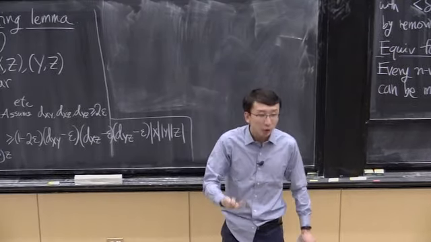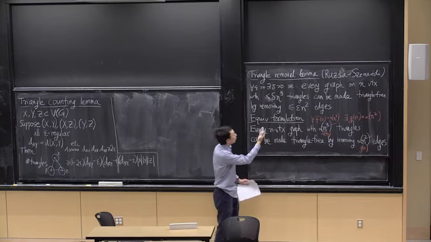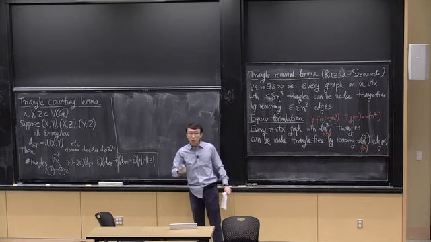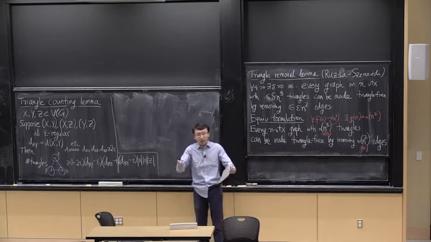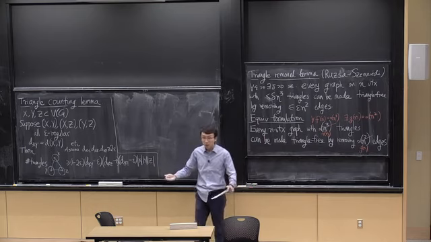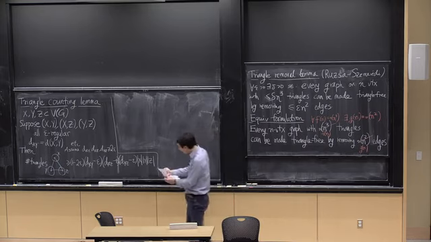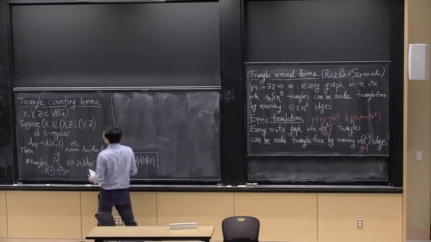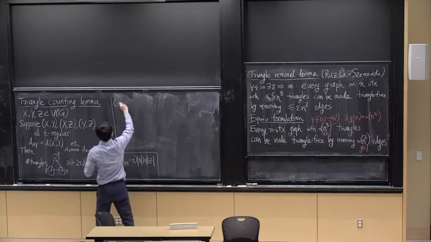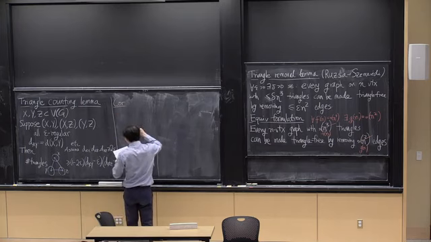And so that's what I want to explain, how to connect this graph theoretic statement to a statement about three-term AP-free subsets of the integers. And this goes back to the very connection between graph theory and additive combinatorics that I highlighted in the first lecture. But first, let me state a corollary of the triangle removal lemma.